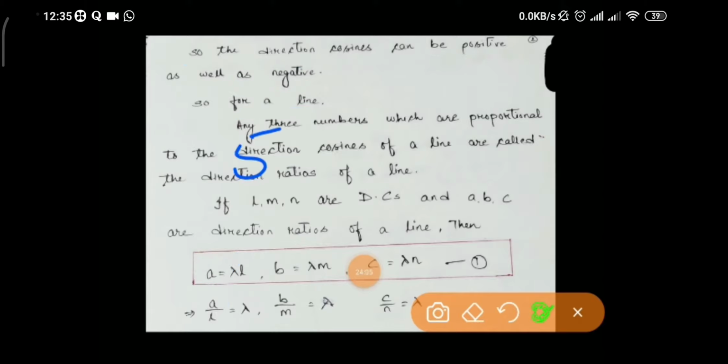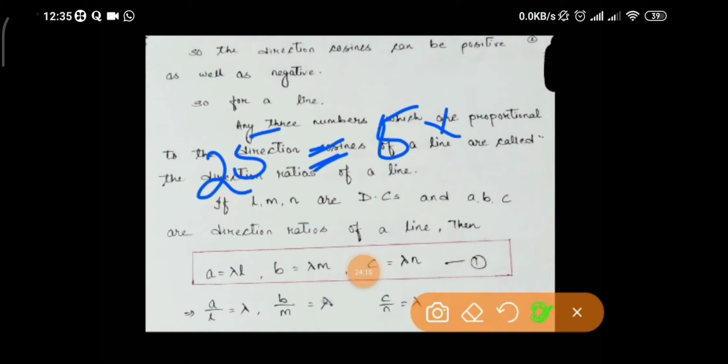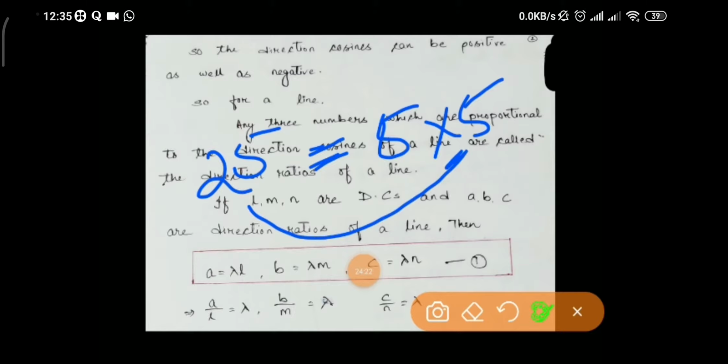Suppose A is 25, I can write 5 times 5. Okay, so they are related like this, A and L. That means A will be some lambda times L.